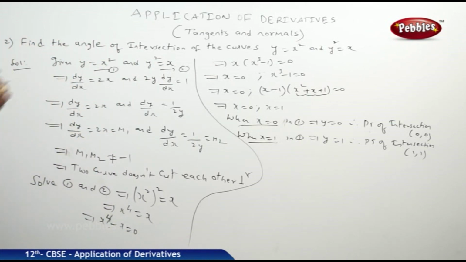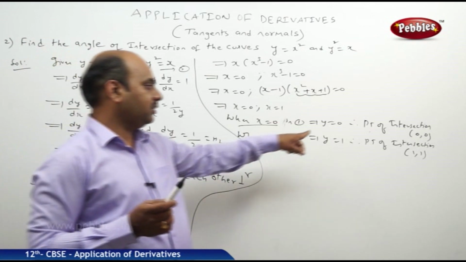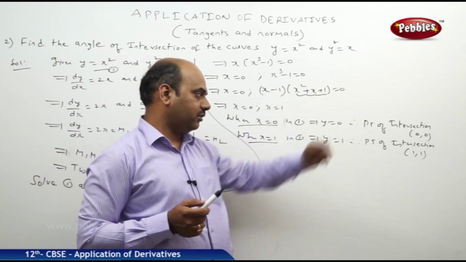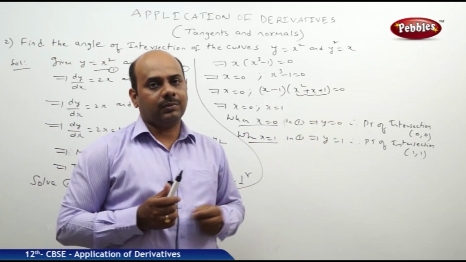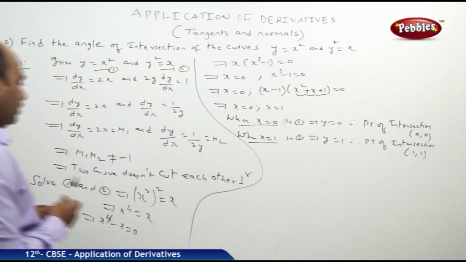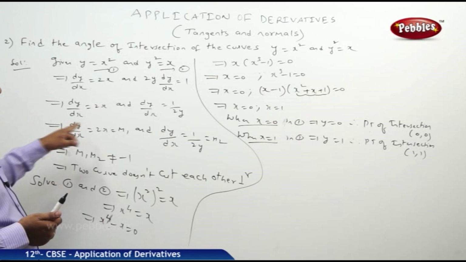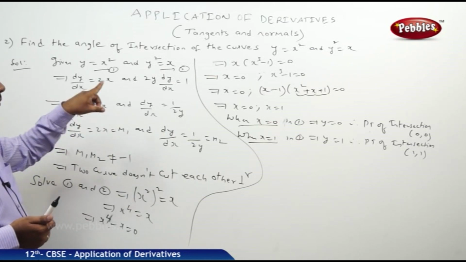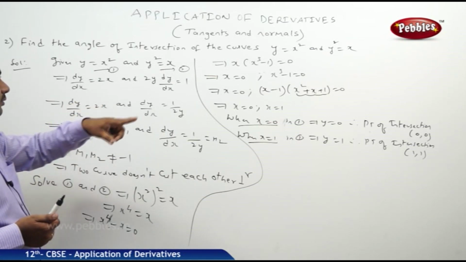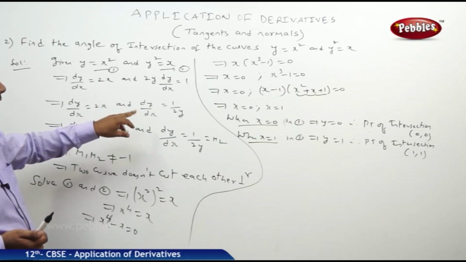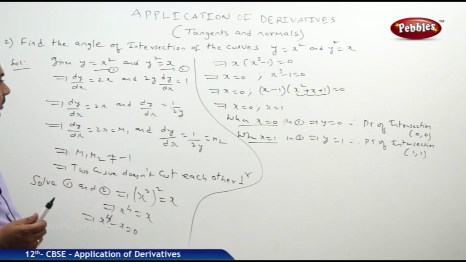Now we are required to find the angle of intersection of the curves. If you find the angle of intersection of the curves at 0, 0 and at 1, 1, our problem finishes. That means before solving this, I want to find the slopes of those tangents at the point 0, 0.